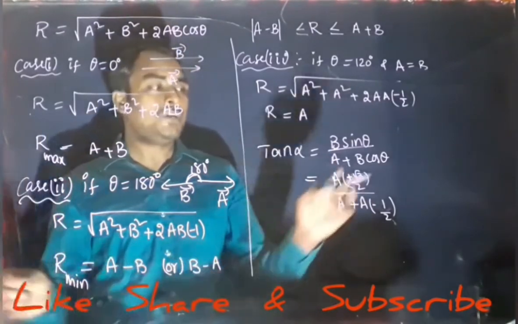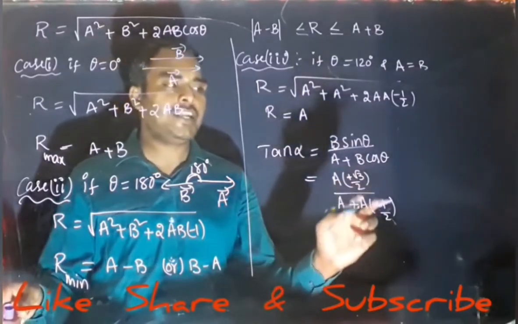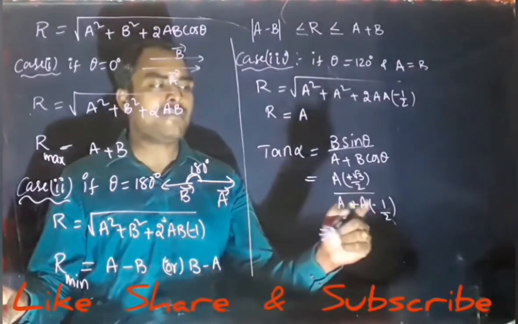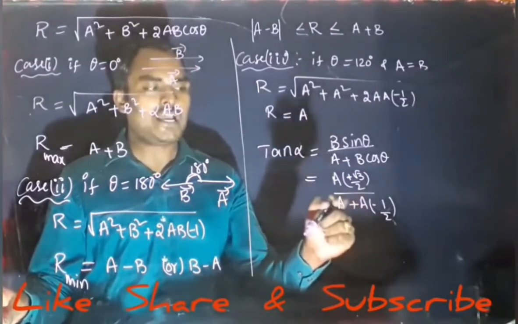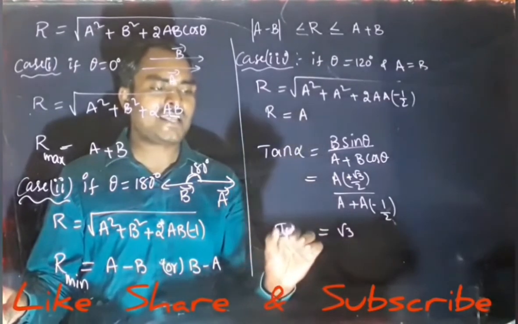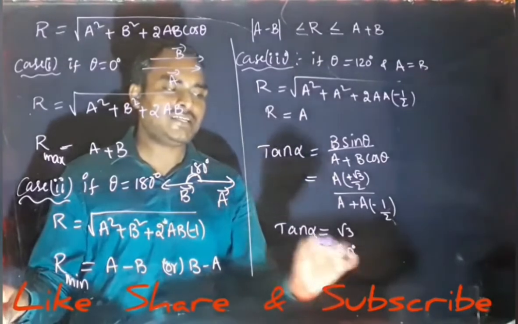Theta is 120, sin 120 is root 3 by 2, cos 120 is minus 1 by 2. So here the 2 gets cancelled, A minus A by 2 is A by 2, the 2 and A cancel, we get root 3. So tan alpha is root 3, which indicates alpha is 60 degrees.